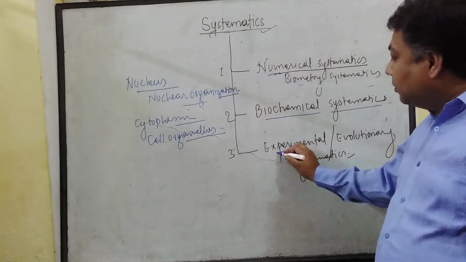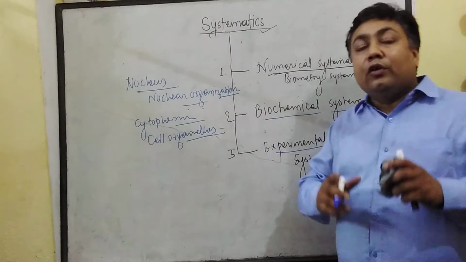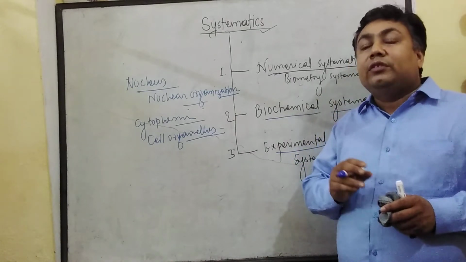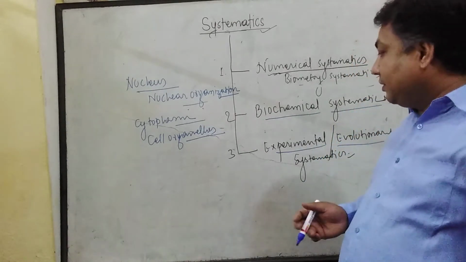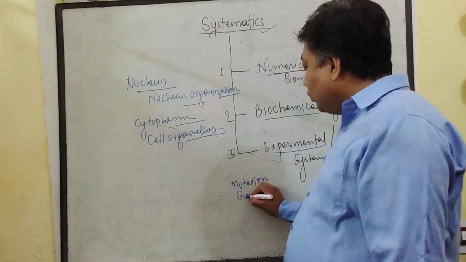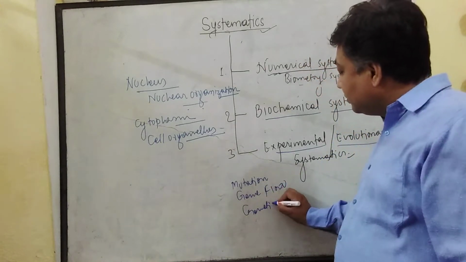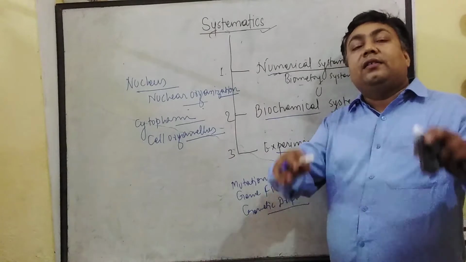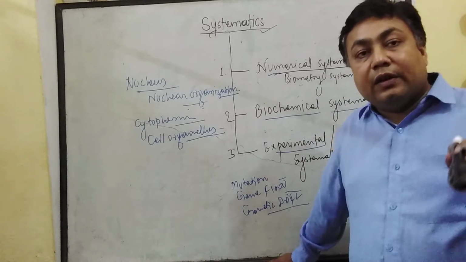Now, the third one is experimental systematics. Experimental systematics focuses upon evolutionary traits, such as mutation, gene flow, genetic drift, in designing the diversification of life forms on Earth or designing a phylogenetic tree.